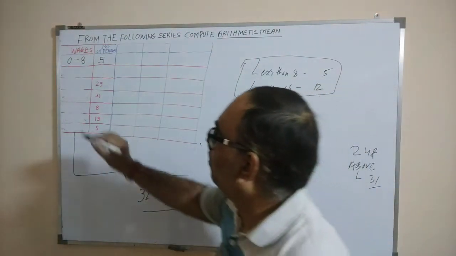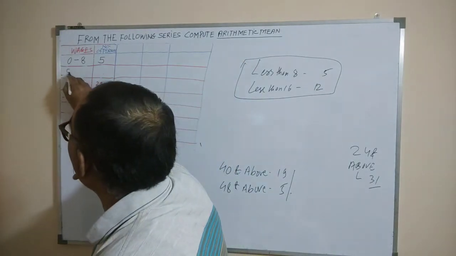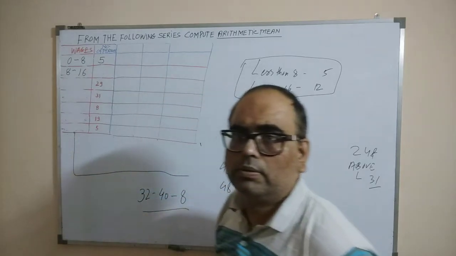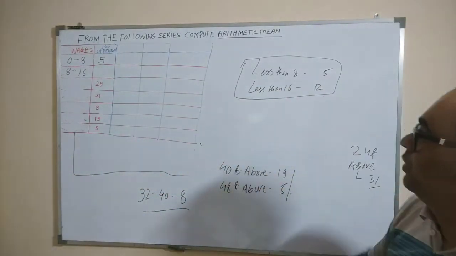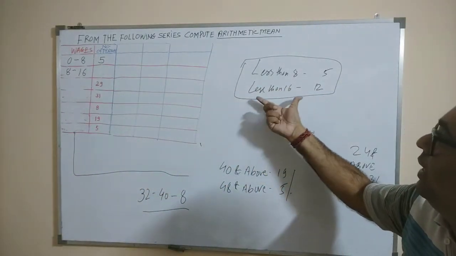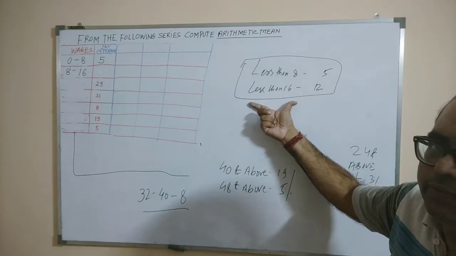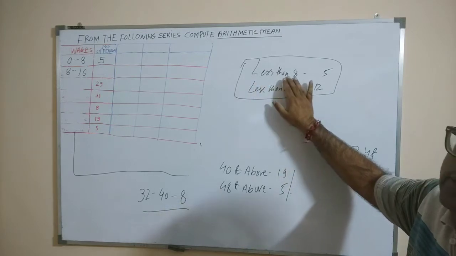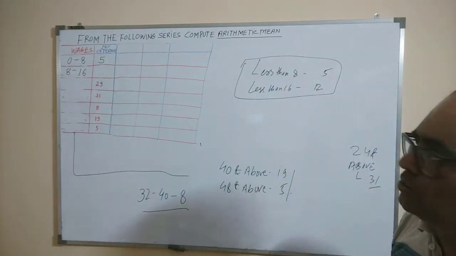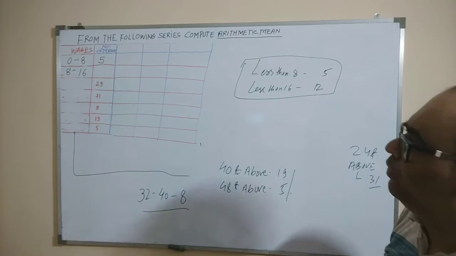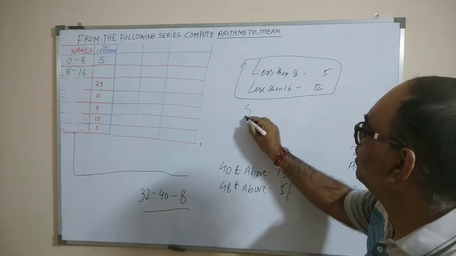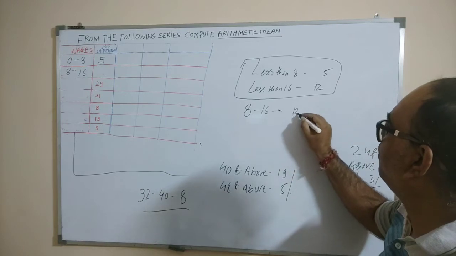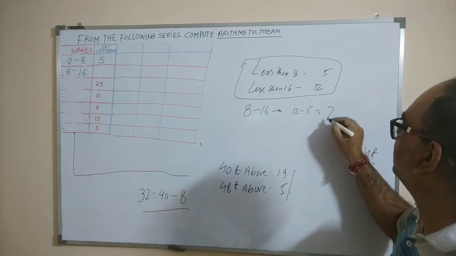Next, we need to know how many persons are getting wages between 8 rupees to 16 rupees. The question says that less than 16 wages is given to 12 persons, and less than 8 wages is given to 5 persons. So, with the help of these two values, we can compute that wages 8 to 16 is given to 12 minus 5, that is 7 persons.